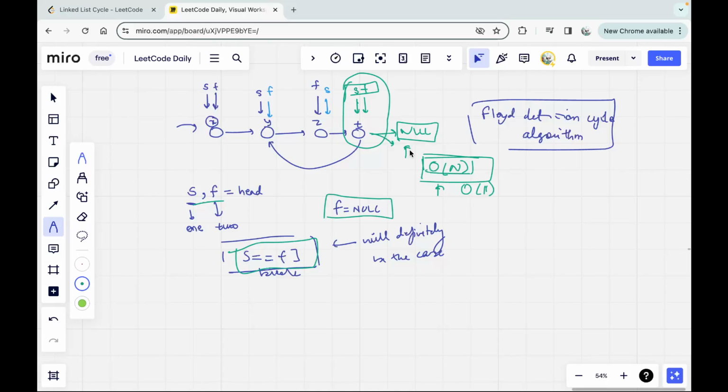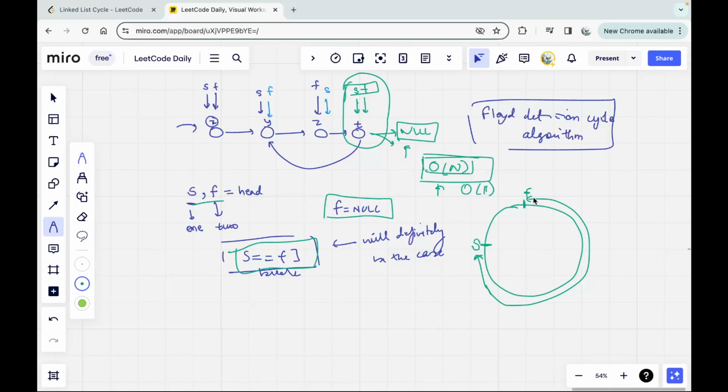So let's answer them. Let us take this. I'm only taking the cycle part of the linked list. Now I'm going to mark arbitrary positions. Let's say here the slow pointer is, and this is where the fast pointer is. Now, if we think about it, for the fast pointer to become equal to the slow pointer, you have to complete this gap.